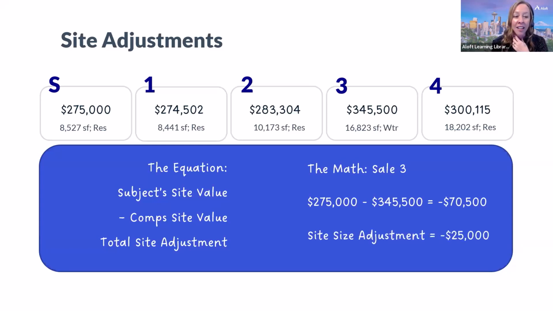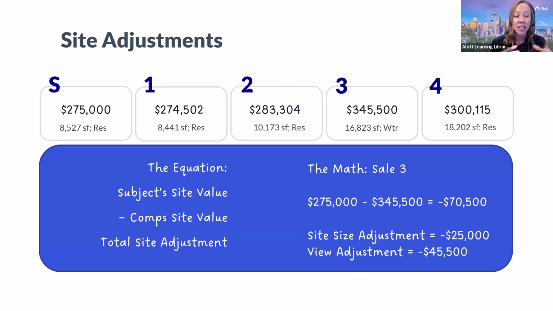If you take that site size adjustment out and assume they're probably in the same ballpark, that leaves a view adjustment of $45,500.